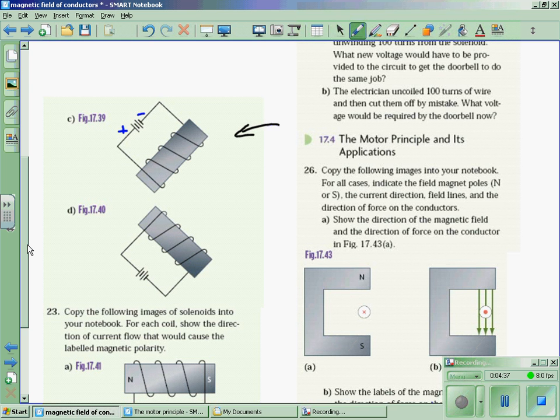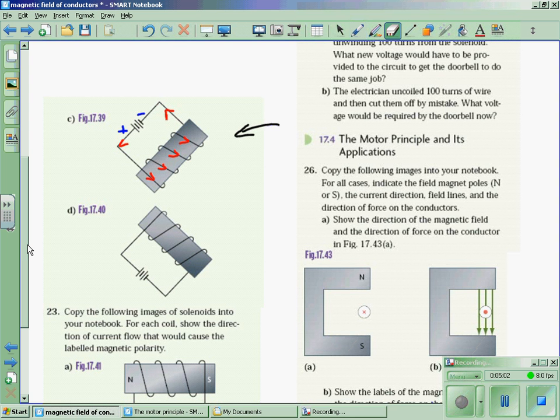Whenever we're talking about conventional current flow, we know that current is going to flow from the positive terminal towards the negative terminal. So if you follow the direction of current flow, you'll notice that current flows in this direction. And if you were to follow the current through the coil, it goes through the wire in this particular direction.